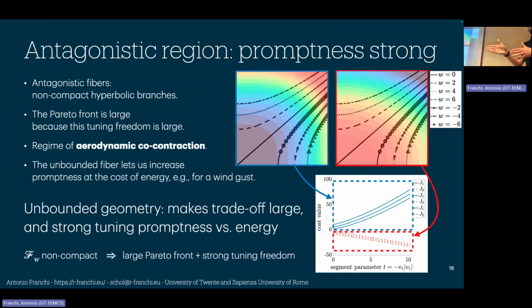Instead, in the antagonistic configuration, the fibers look like hyperbolas. You can move along the hyperbola and indefinitely increase, in theory, the promptness, but at the cost of an increased energy. So the Pareto front is very large. You have a lot of tuning capability.